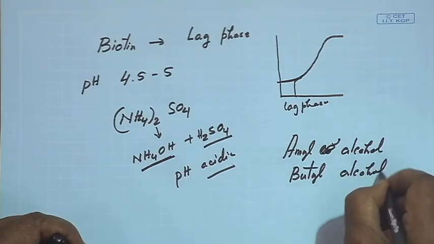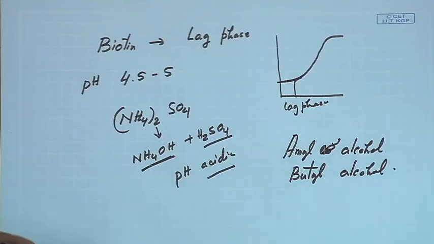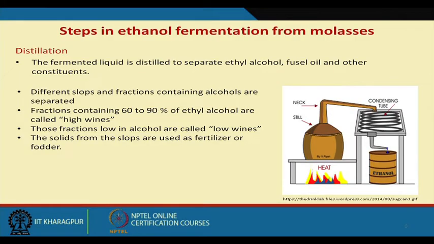So different types of alcohol are produced. These are the higher alcohols. This causes the bitterness in the beer, but this is very much useful when we use this as power alcohol. This increases the cetane number. So different slopes and fractions containing the alcohols are separated.